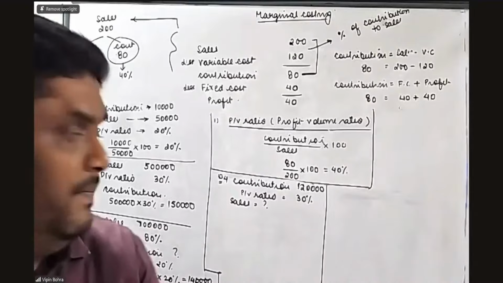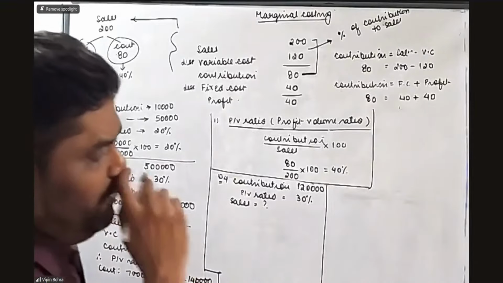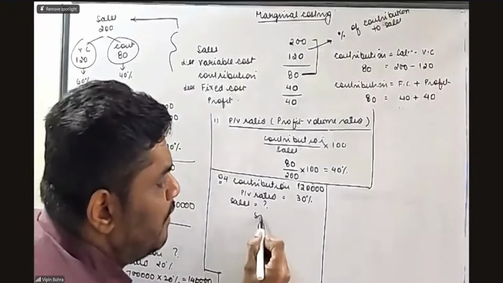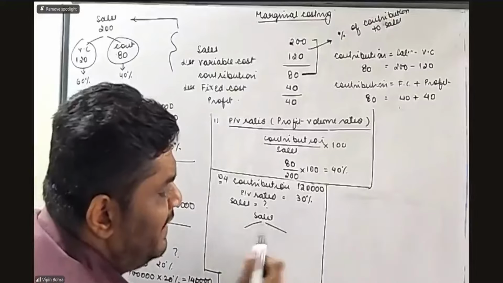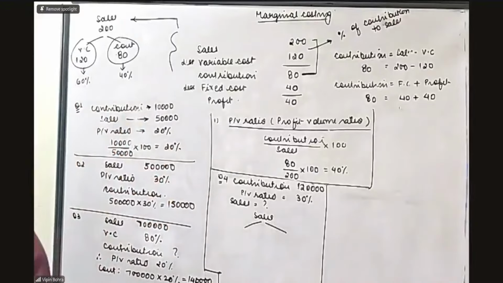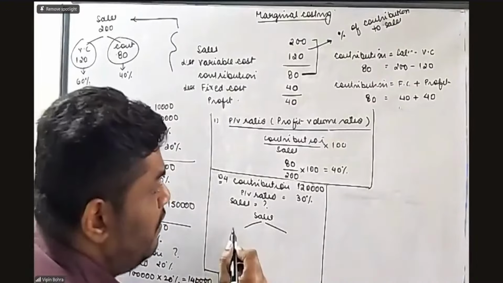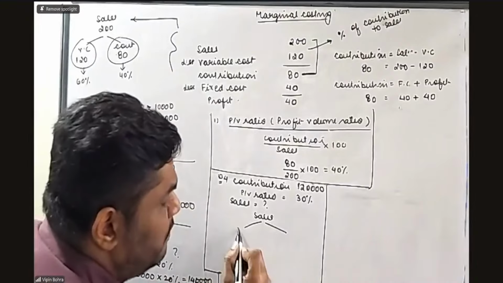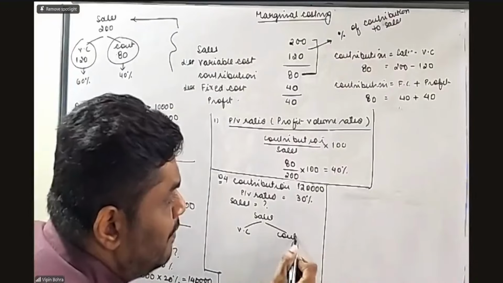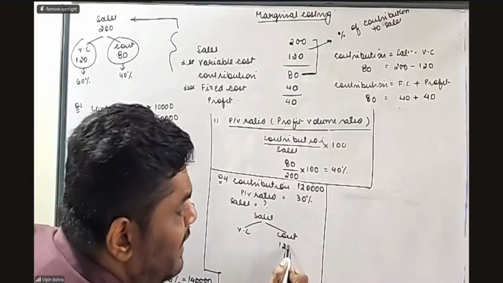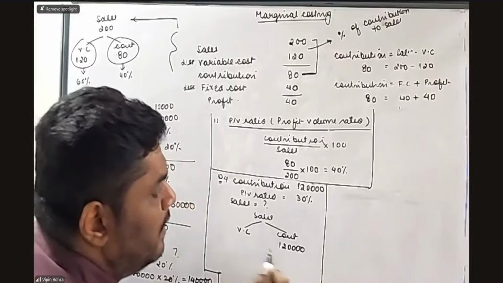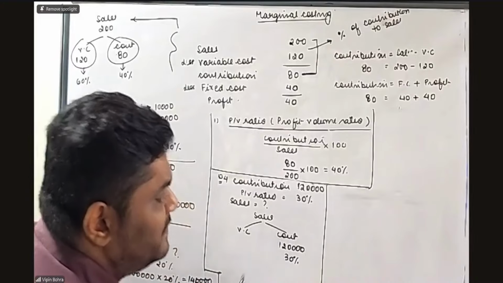Very good, everyone. So herein again the same concept, that sales can be divided in two parts, variable cost and contribution. Contribution is 1,20,000. PV ratio is 30% of sales.